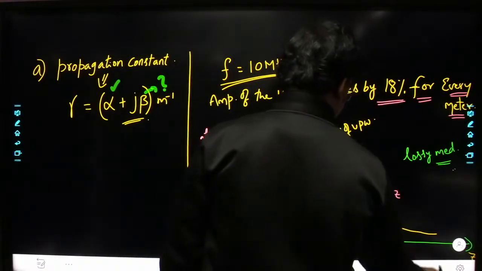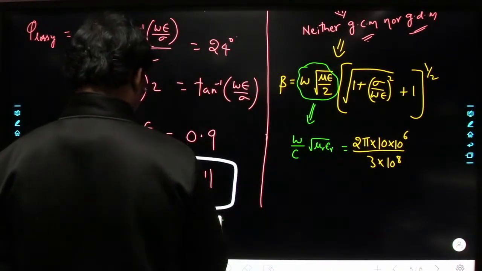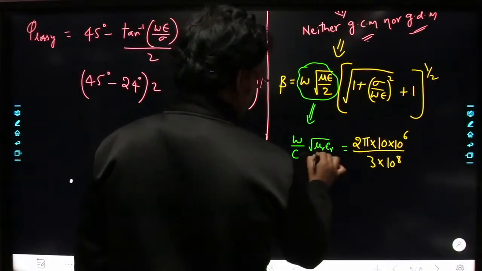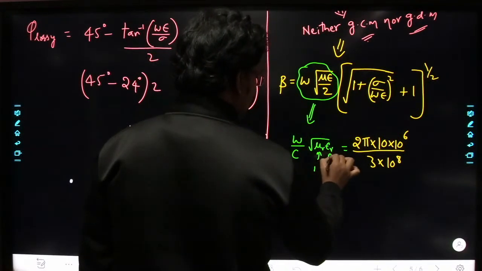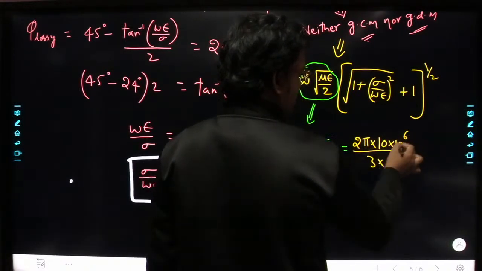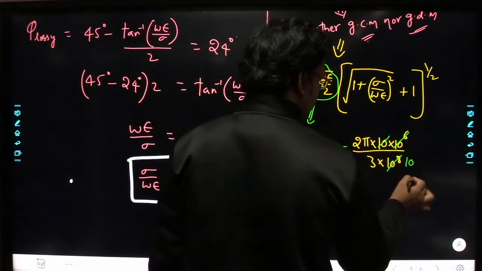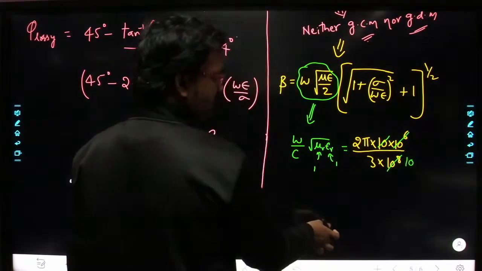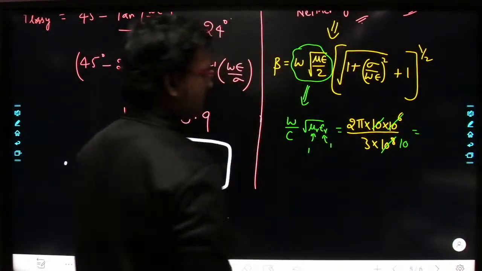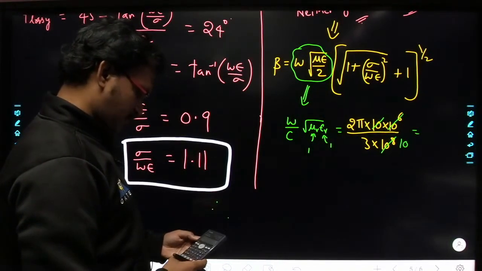Then 10 into 10 power 6 is 10 power 7, and that cancels with the 10 power 7 below, leaving 10. Next, 2 pi divided by 30.